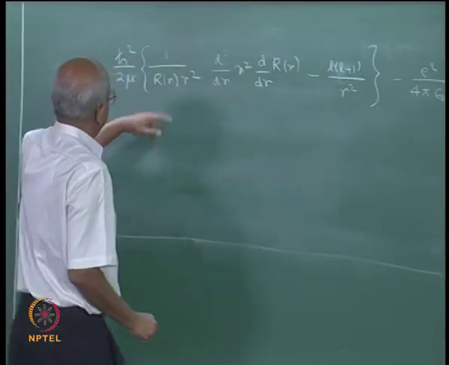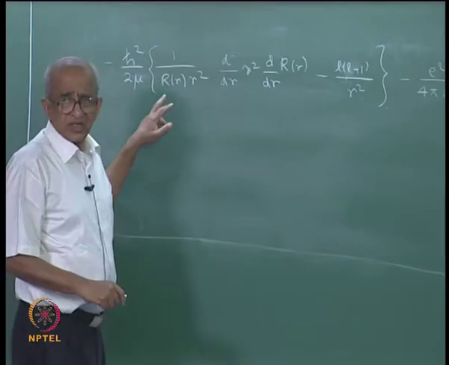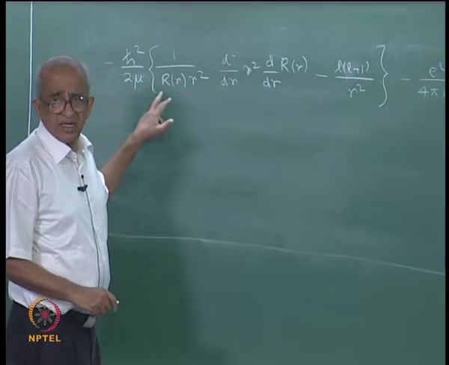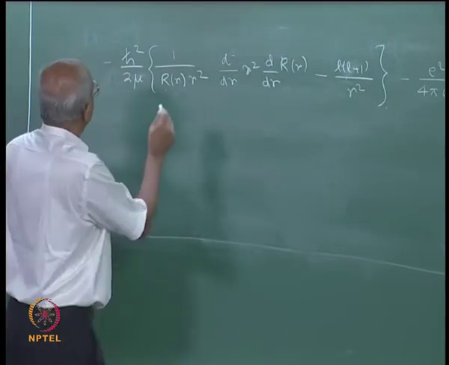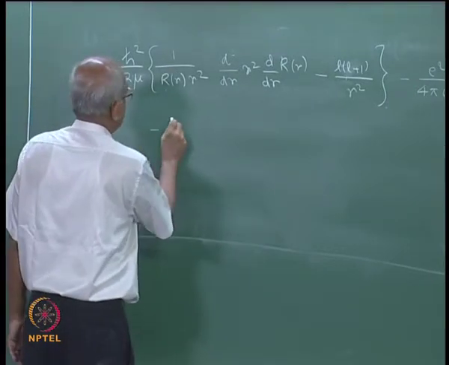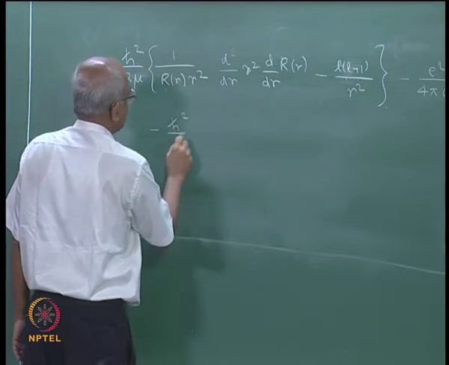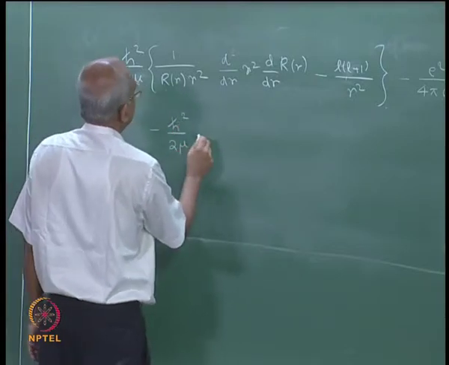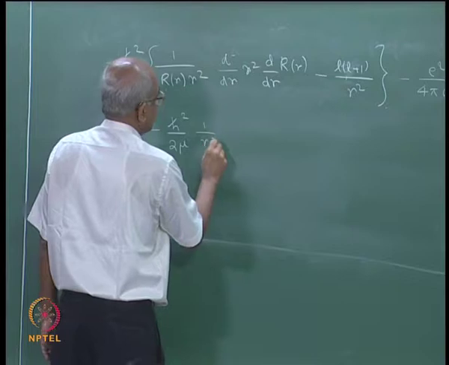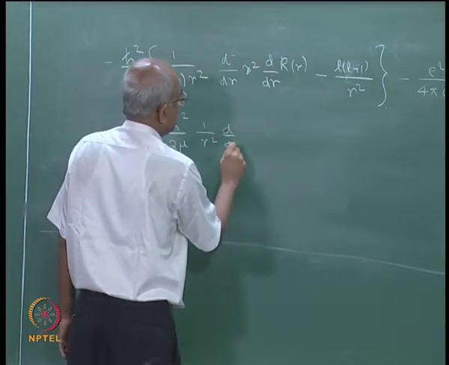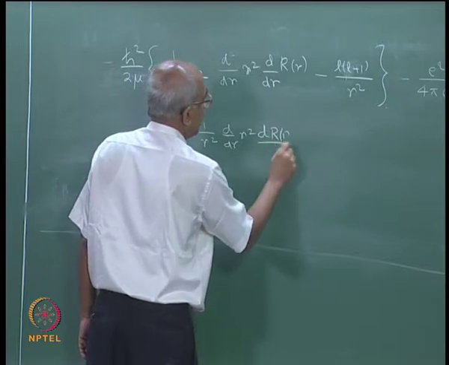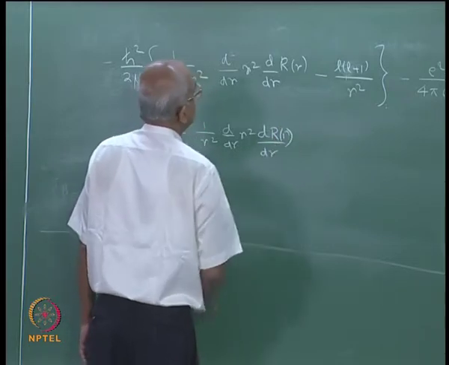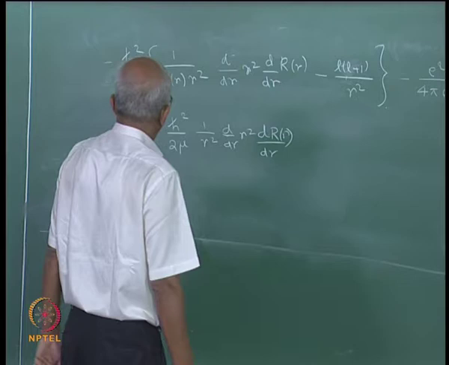I suspect in the earlier versions of the equation I had actually multiplied by capital R, so I will do that, and then I shall get minus h cross square by 2 mu, 1 by r square d by dr of r square d capital R by dr, first term.